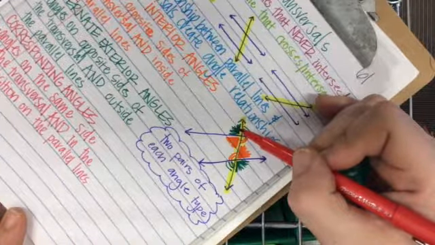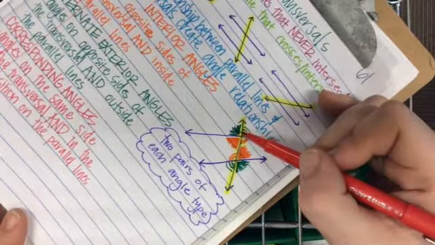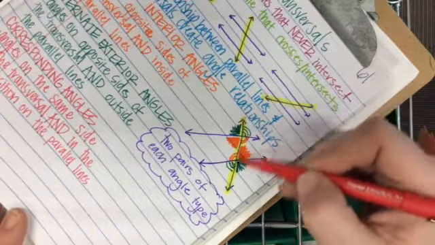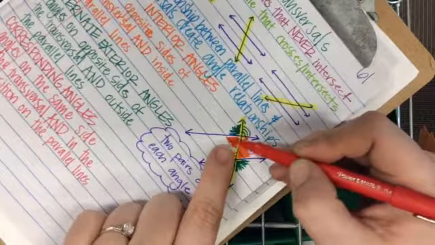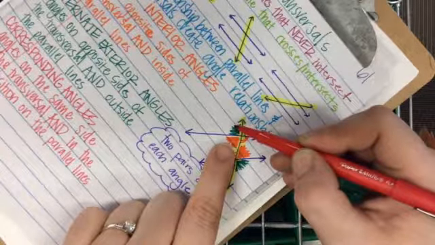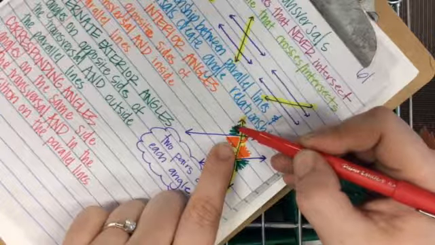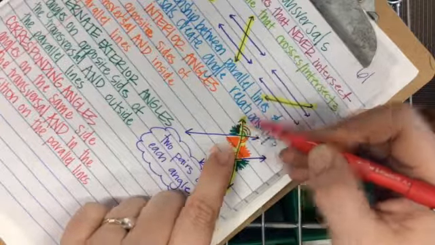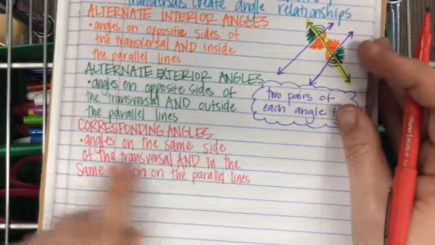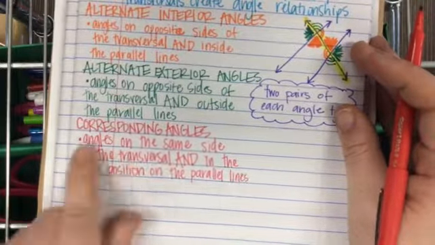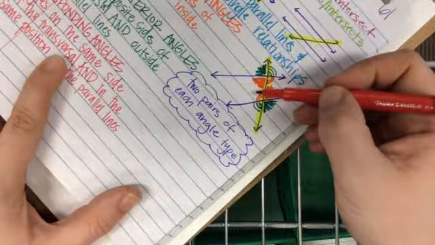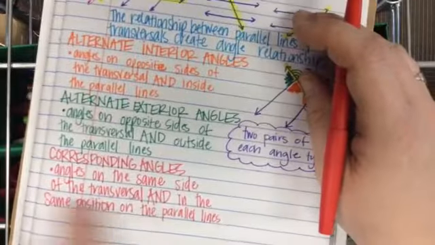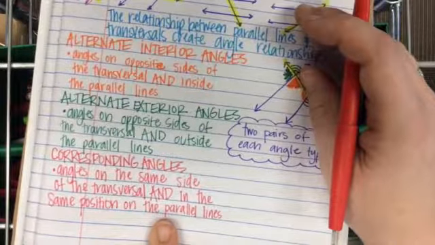Exterior. It's on the top. It's on the left of the transversal, and it's on the top of the parallel. So its corresponding angle needs to be on the same side, on the left side, and the same position of the parallel line.